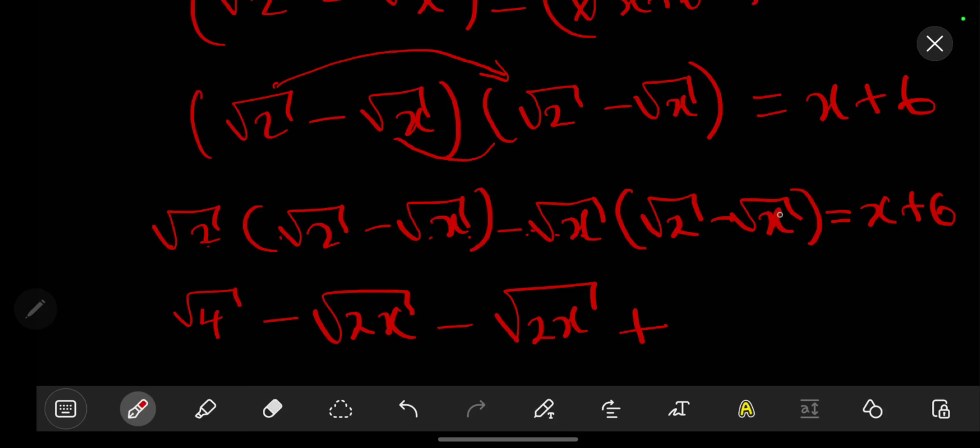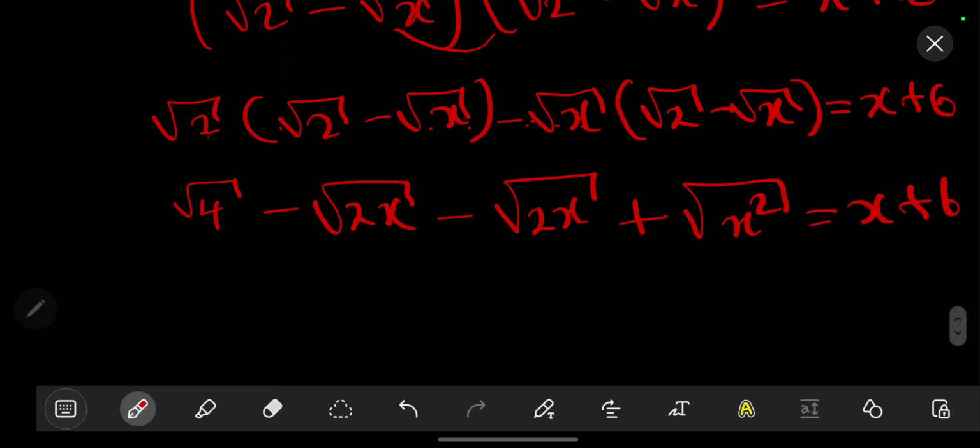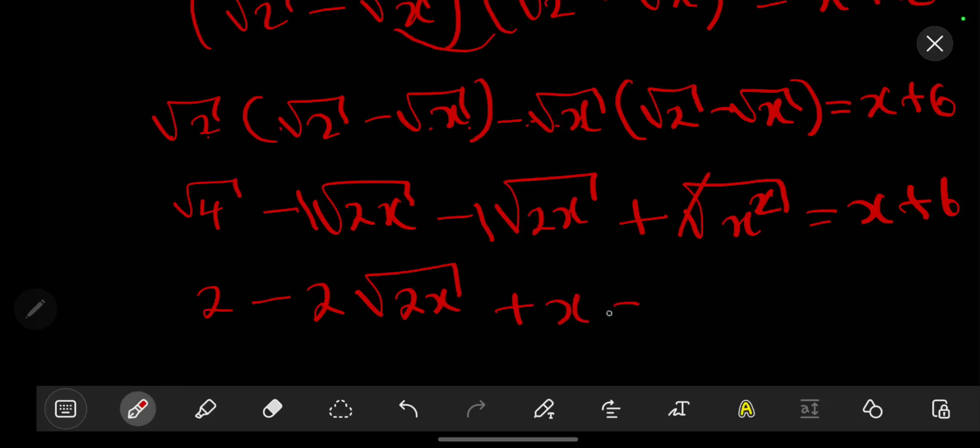Then x by x will be x. So we have x should be equal to x plus 6. So this will give us the root of 4 is equal to 2 minus, so if they are the same in the roots, just add or subtract whatever is outside. So negative 1 minus 1 is 2. Then we have the root of 2x, like that. Then this and this cancel, so we have plus x should be equal to x plus 6, like that. Okay.